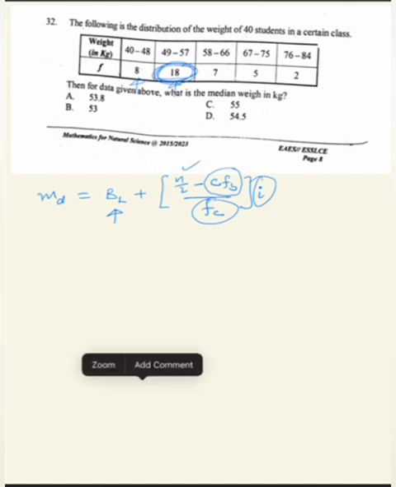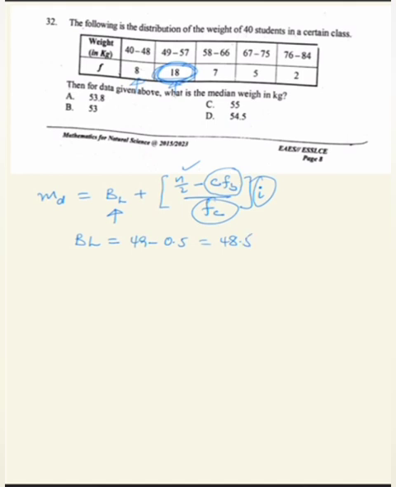ሰከንድ ክላስ ውስጥ ሚዲያን ክላሳችን ሰከንድ ክላስ ነው ማለት ነው። So BL ማለት lower class boundary of the second class ነው፤ BL ምን ይሆናል ማለት ነው? ከ49 ላይ 0.5 እንቀንሳለን። ይሄ lower class boundary of the median class ይባላል። n 40 ስለሆነ በn ቦታ 40 እንጠቀማለን። So the median will be 48.5 plus 40 over 2 which is 20 minus cumulative frequency before the median class.